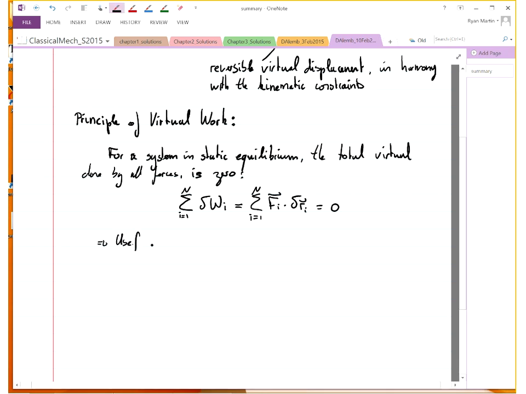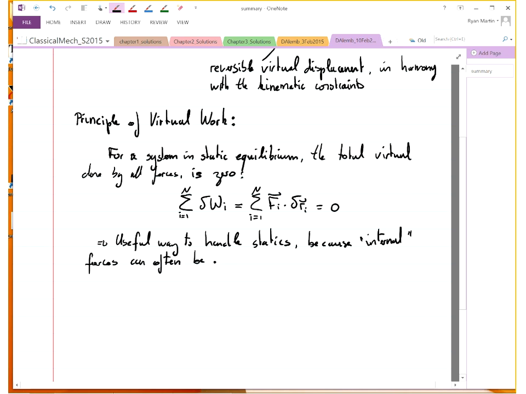And we saw that this was a useful way to handle statics, because what we call internal forces can often be ignored, for example, forces from what we called workless constraints.